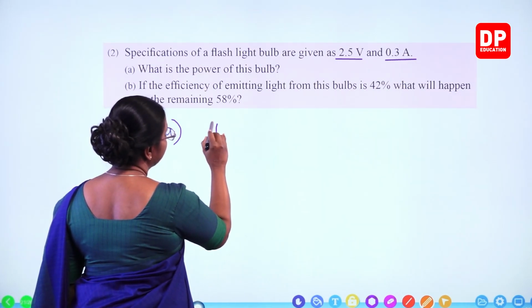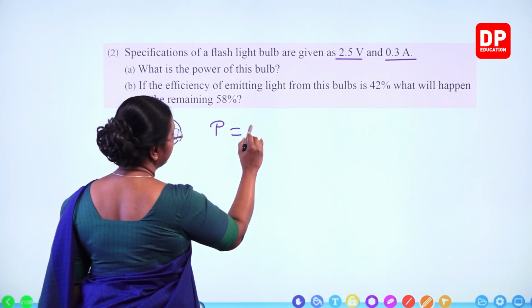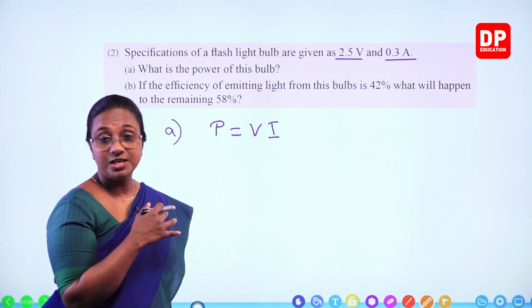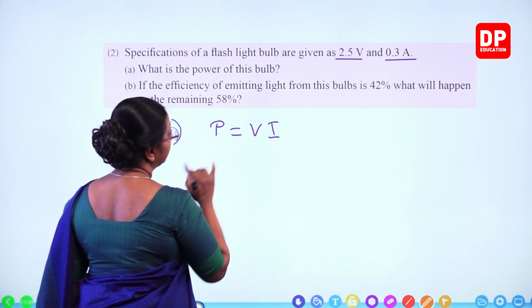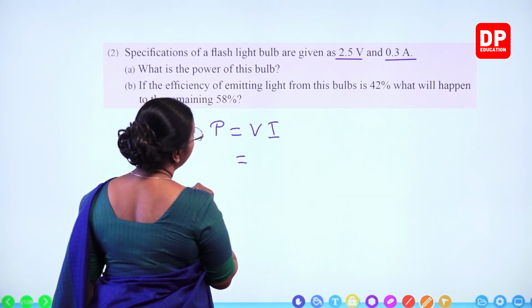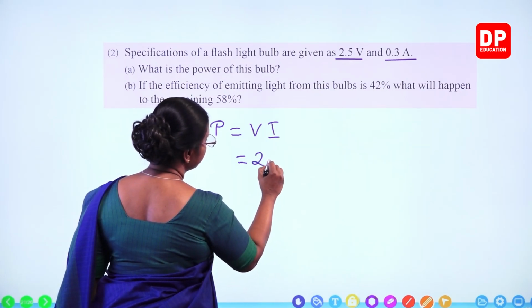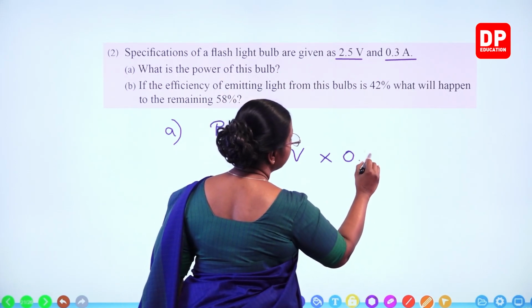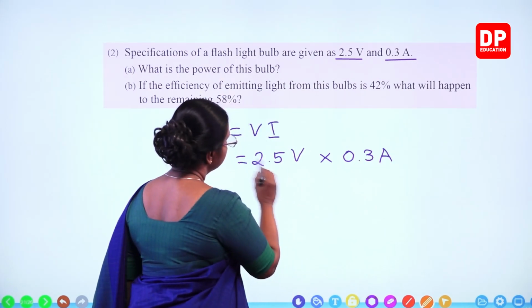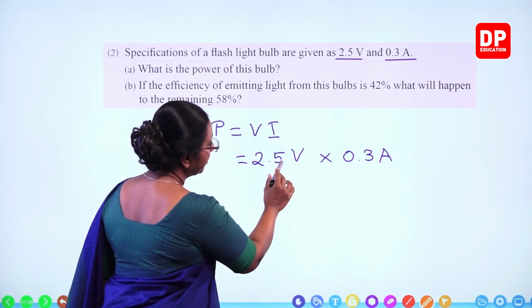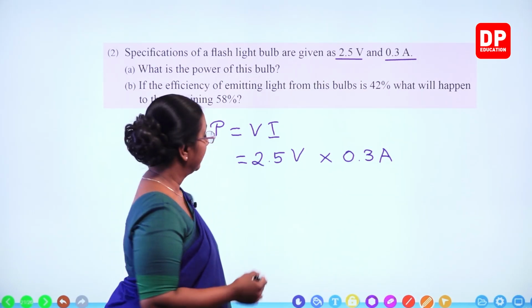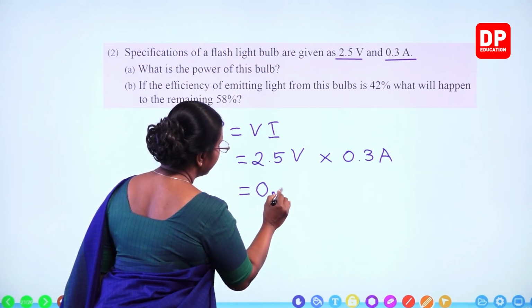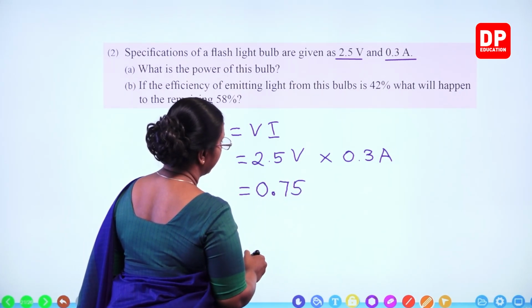So here, of course, I will only write the equation P equals V into I, because already I have written the word equation also. So P equals V into I. So voltage is given to you as 2.5 volts and current 0.3 amperes. So to calculate that, 2.5 into 0.3, a direct multiplication, you get the value as 0.75.